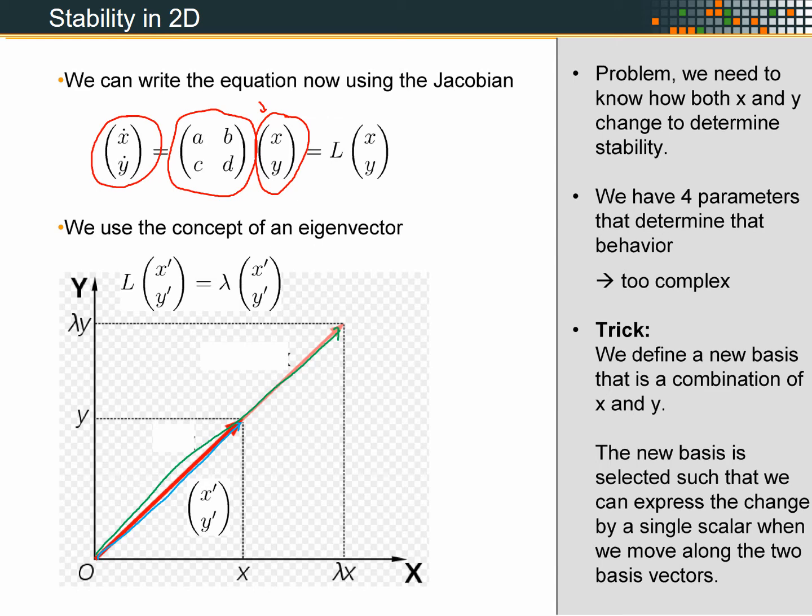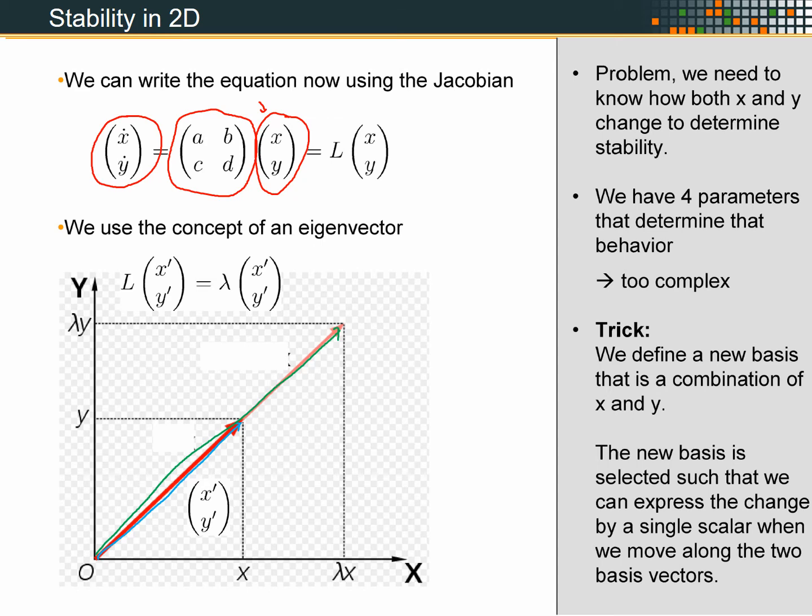But the property that we are really looking at is not the direction, it's the eigenvalue. Because the eigenvalue tells us whether this new vector that we get after the projection is longer or shorter than the original vector. If it's longer, then the eigenvalue is larger than 1. If it's smaller, then the eigenvalue is smaller than 1.